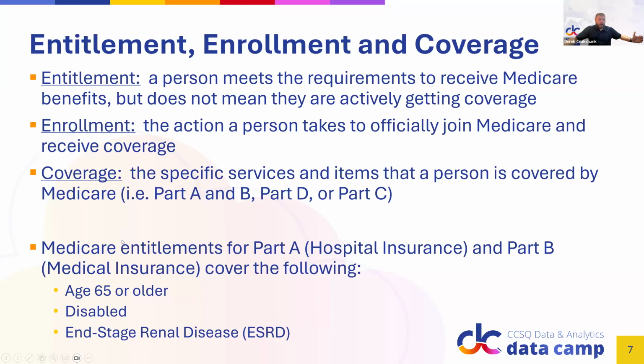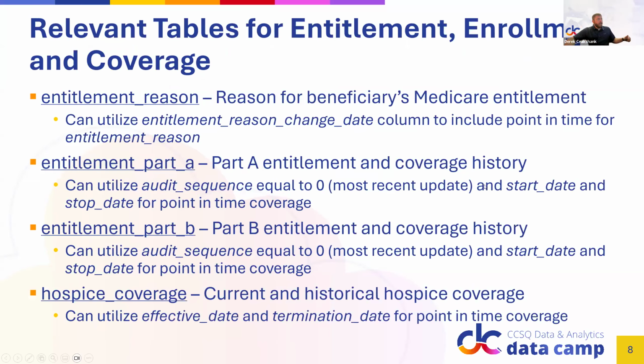The main entitlements for Part A or Part B coverage are going to obviously be that someone is aged into Medicare benefits at the age of 65 or older, they are disabled, or they have end-stage renal disease, which is obviously referred to as ESRD. So, relevant tables.